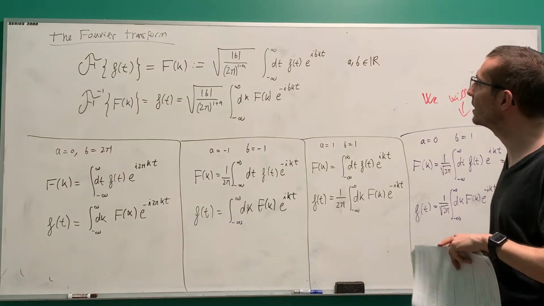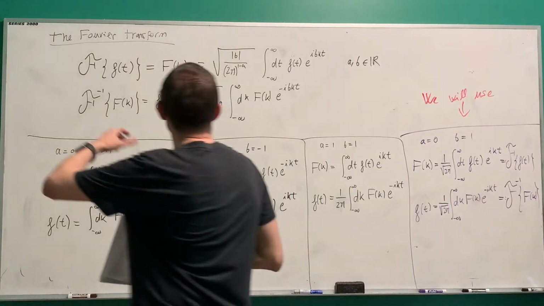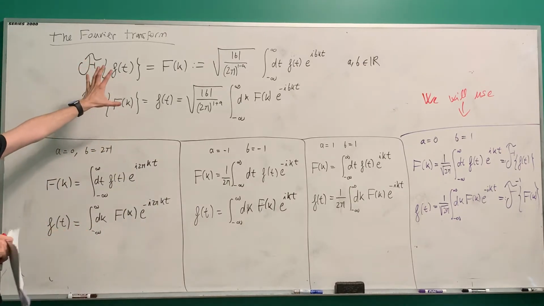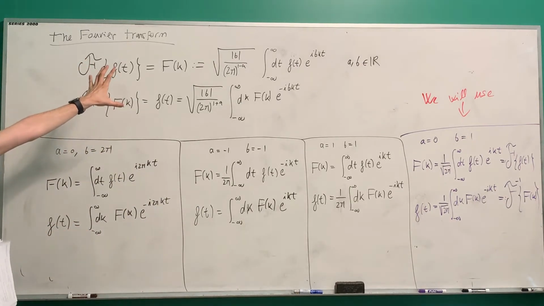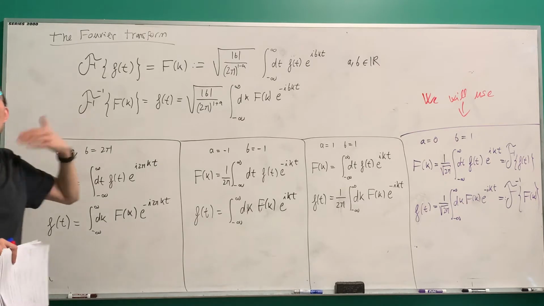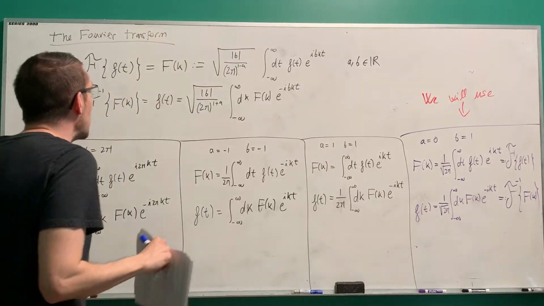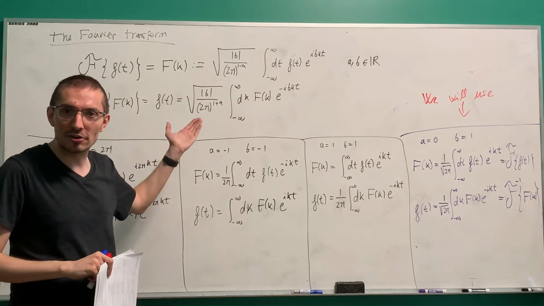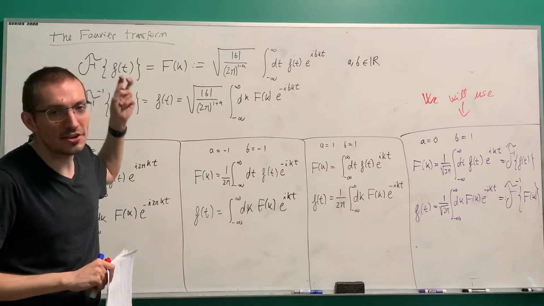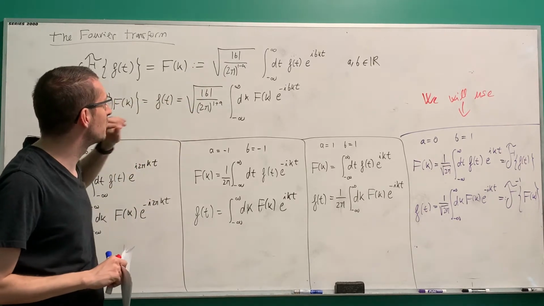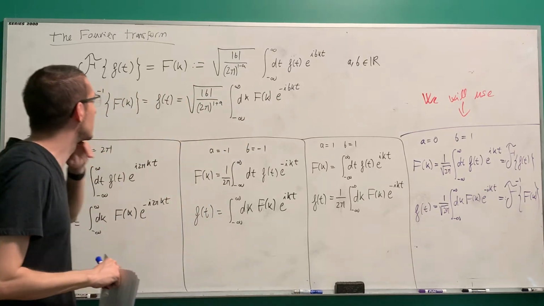Okay, the Fourier transform can be defined as follows. So this is the general definition, and it covers all the possible conventions, all the possible definitions that you can have for the Fourier transform. They differ in a normalization factor, and they differ in the interpretation that we have for the variable k, all right?